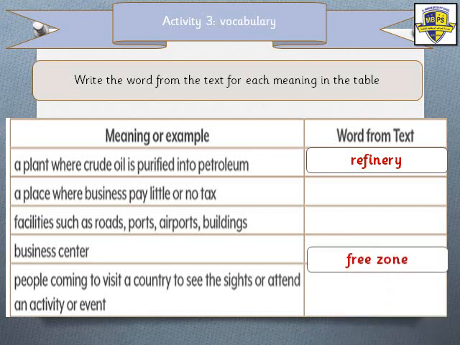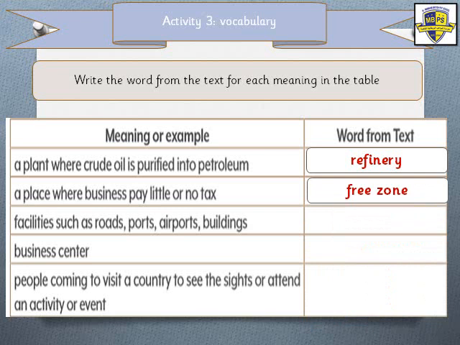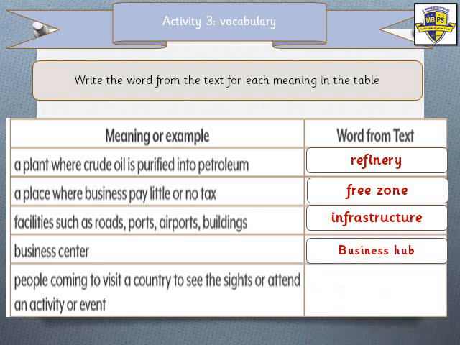It's a free zone. Facilities such as roads, ports, airports, and buildings. This is infrastructure. Next, business center is a business hub. Yes, next one. People coming to visit a country to see the sites or attend an activity or event. These are tourists.